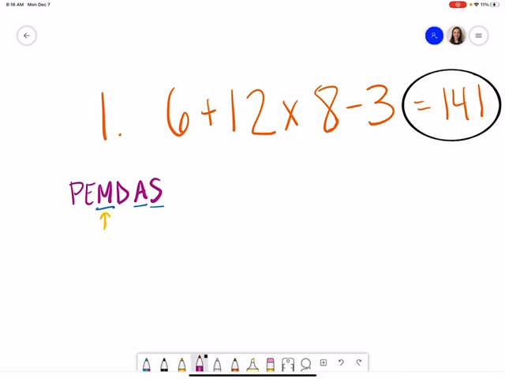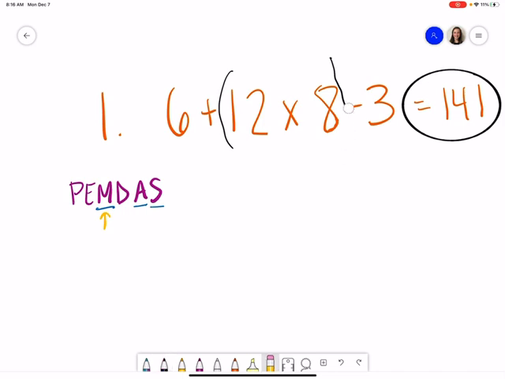Okay, so let's talk about it together. Here are different groups that you could make with the parentheses. We could do 6 plus 12. We could do 12 times 8, which we know that's not going to really help us because we have to do that first anyway.